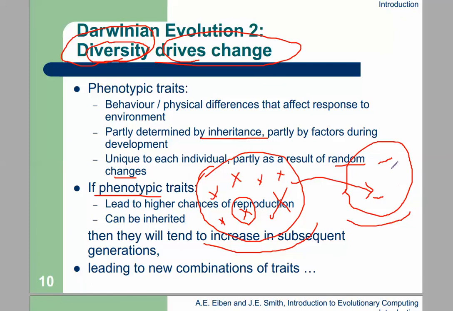But some change may be caused randomly, and this is a mutation or jumping in the genotype.